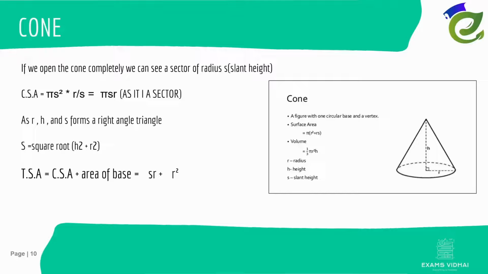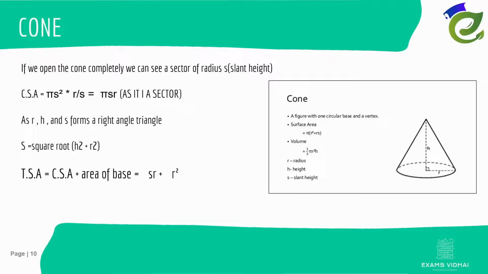If you open it into a circle, it becomes a sector whose radius is the slant height. The area of a complete circle is pi r square, which is pi s square, but here it is only a sector, so multiplied by r by s. Therefore, pi into r into s, where s is the slant height. The curved surface of a cone is pi r s.